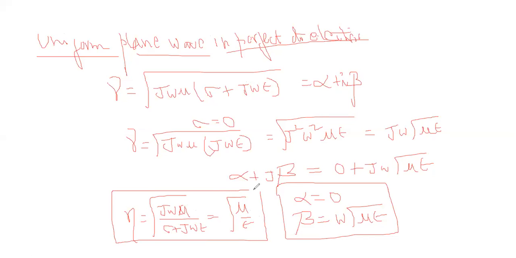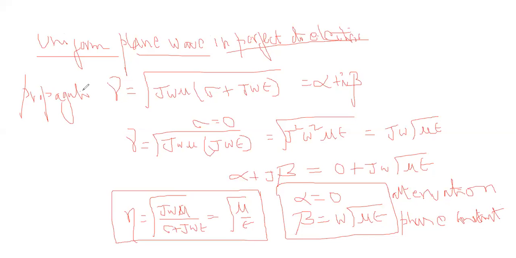So we got the three terms: alpha, the attenuation constant; beta, the phase constant; eta, the intrinsic impedance; and gamma, the propagation constant.